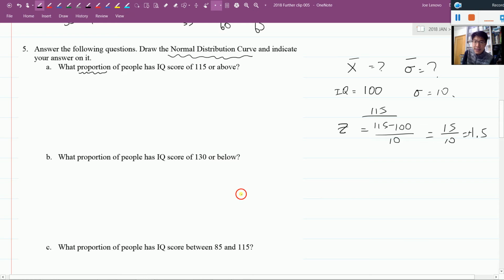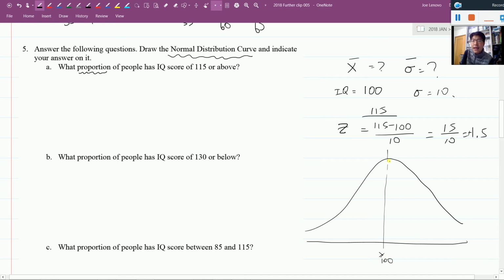For proportion, we always need to go back to a bell curve. Here would be our mean, which is 100. Then one step here is 110 because of one standard deviation, and 120 is here, 2 standard deviations. 1.5 is right at that point.